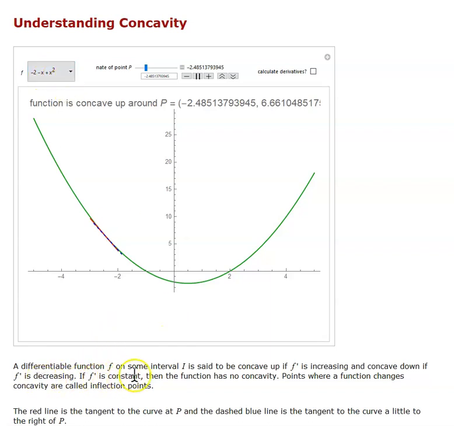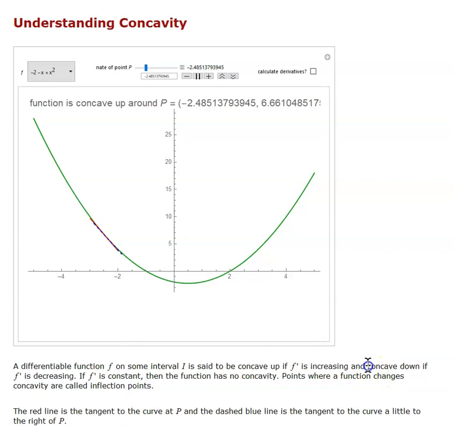Now, a differentiable function on some interval I is said to be concave up if f prime is increasing. That means that the derivative is increasing, that the slope of the tangent lines is increasing.